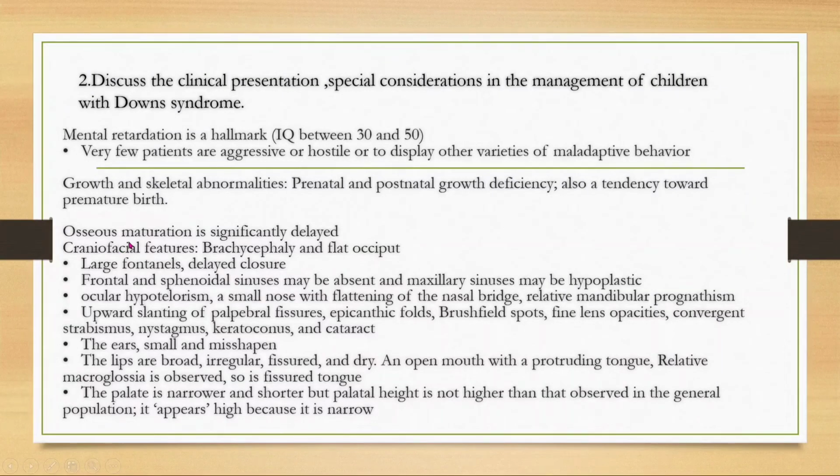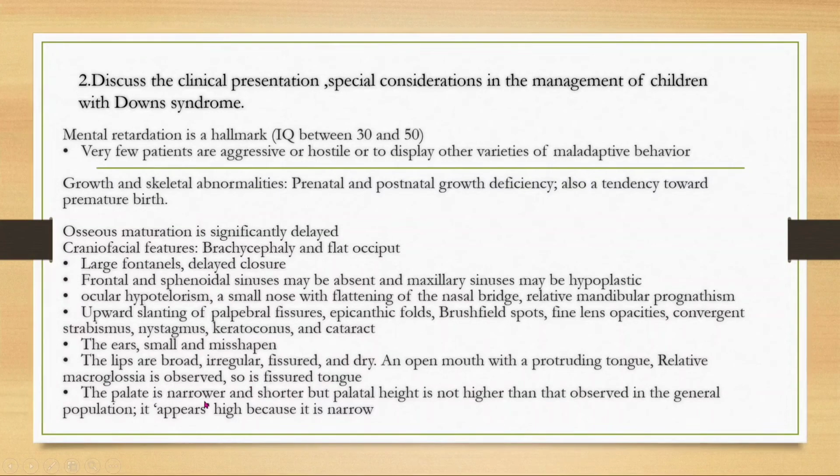Their osseous maturation is delayed, with brachycephaly and flat occiput, large fontanelles with delayed closure, frontal and sphenoidal sinuses that may be absent, maxillary sinuses that may be hypoplastic, ocular hypotelorism, a small nose with flattening of the nasal bridge, relative mandibular prognathism, upward slanting of the palpebral fissures, small ears, and lips that are broad, irregular, and fissured.